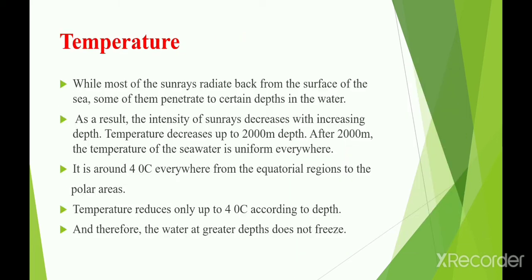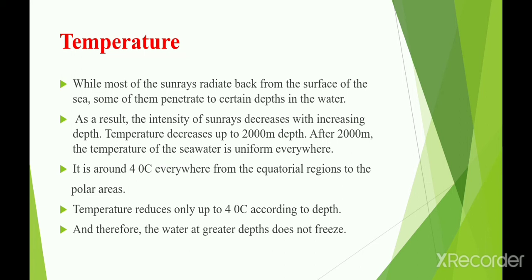See next point. While most of the sun rays radiate back from the surface of the sea, some of them penetrate to a certain depth in the water, and as a result the intensity of sun rays decreases with increasing depth.